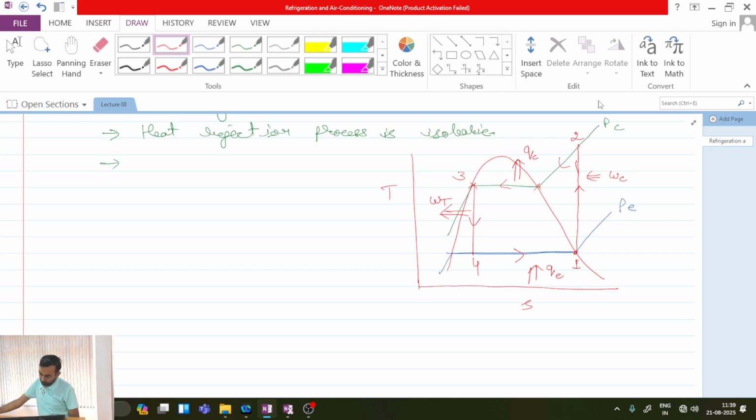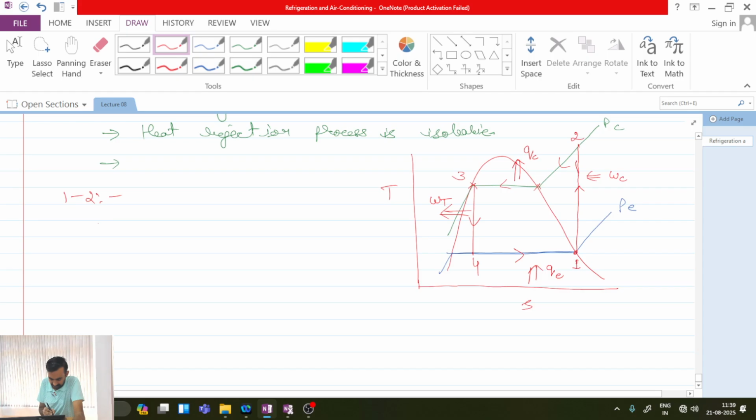Now, if we have to do thermodynamic analysis of this cycle, how we can do? Again, we have to start with the steady flow energy equation, because all the individual devices are nothing but steady flow devices. Okay. So process 1 to 2 is what? Isentropic compression. Okay, and it's a steady flow process.